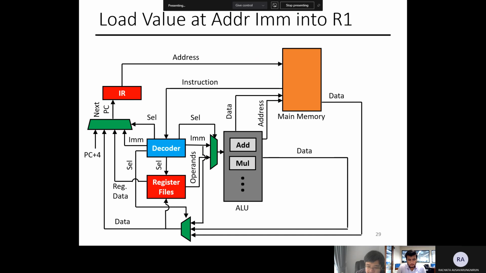What if you have to load the value at the address that we provided? 1 cycle here, 1 cycle here. Because we don't do anything with the adder, you go directly to the address, 1 cycle to load, and then 1 more cycle.